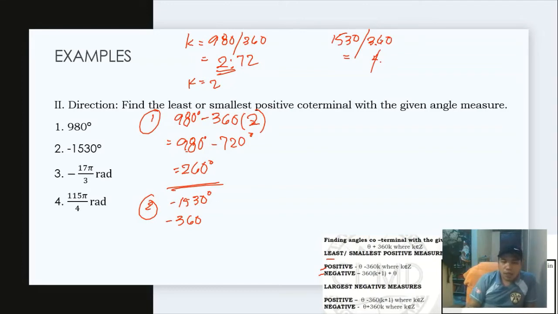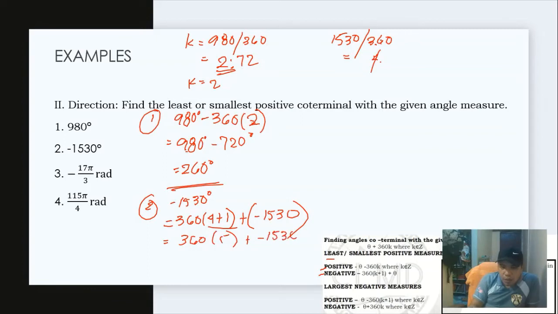Kaya, negative 1530 plus 360 times 4 plus 1, so 4 plus 1 is 5. So, 360 times 5 is 1530. And this will give us 270 degrees.